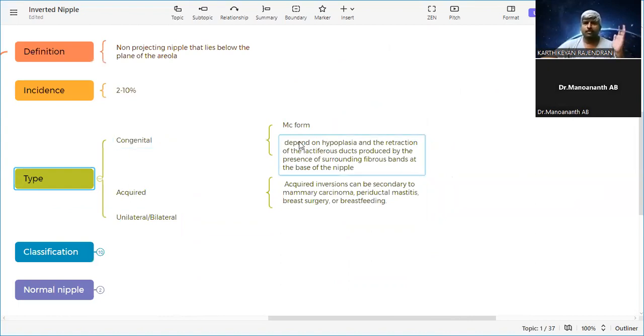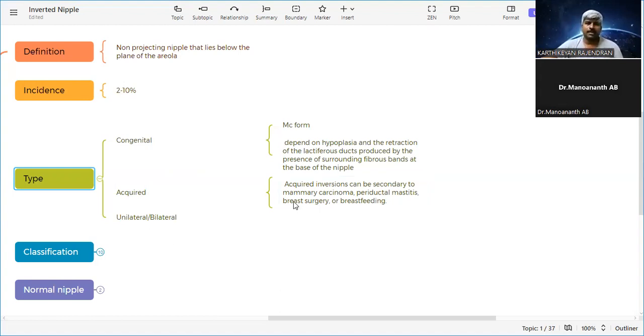It is dependent on hypoplasia and retraction of lactiferous ducts produced by the presence of surrounding fibrous bands at the base of the nipple. So that will pull the nipple inside, and the nipple is inverted. Acquired defects are secondary to mammary carcinoma, periductal mastitis, breast surgeries, and breastfeeding that will cause infection like breast abscess.